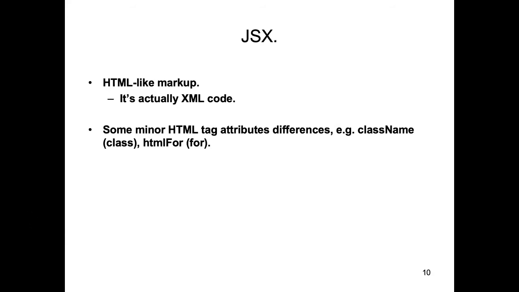I think the only one you will come across, certainly the only one that I've come across, and I've done a lot of React implementation over the last couple of years, is that you don't use class when you want to associate a CSS style with a particular element, you have to use the className attribute. You would get an error usually from the browser, or at the transpilation stage anyway, if you use class within your JSX syntax.